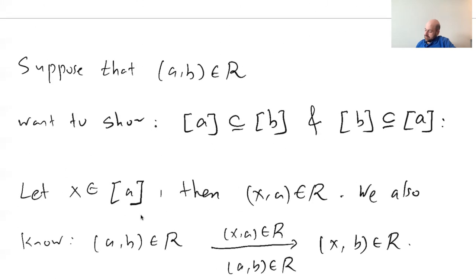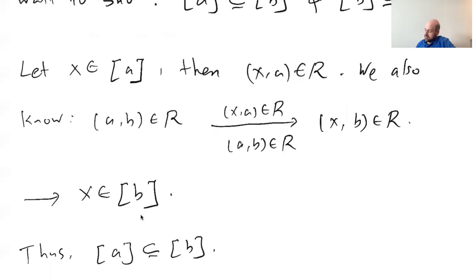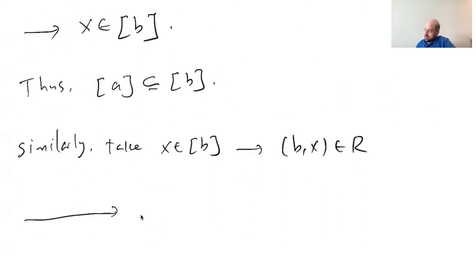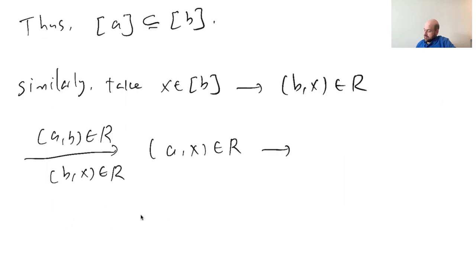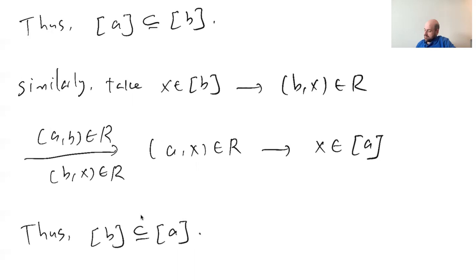And we were assuming that (A, B) is also in R. So (A, B) is in R, and (B, X) is in R. These two together mean (A, X) is in R. (A, X) in R means that X belongs to the equivalence class of A. So we can conclude that the equivalence class of B is a subset of the equivalence class of A.